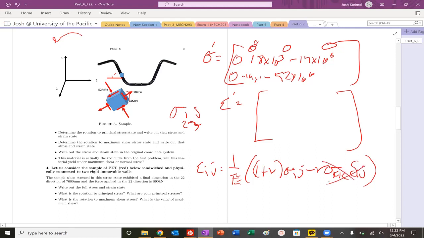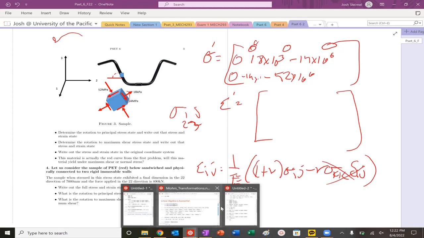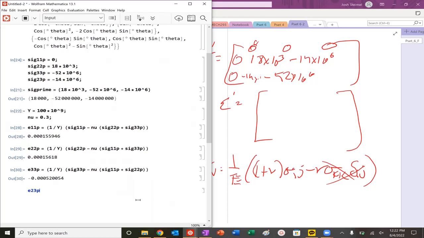That becomes 0, but we're left with that one. So there's no sigma 1, 2. There's no sigma 1, 3. So those epsilon 1, 3 and epsilon 1, 2 are all 0. So all that we're left with is 1 over Y times 1 plus nu times sig 23p.